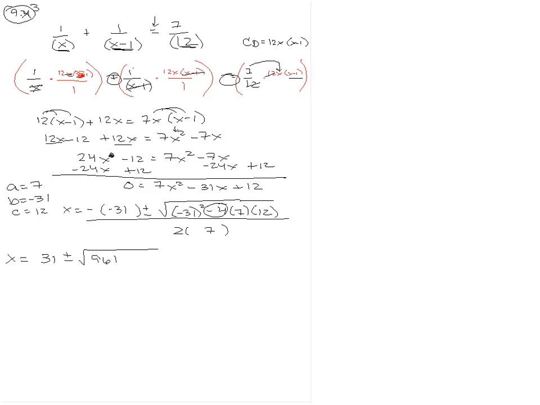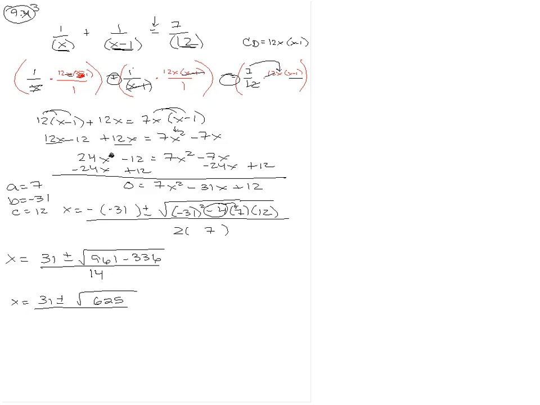Negative 4 times 7 is negative 28, and negative 28 times 12 is negative 336, all over 14. X equals 31 plus or minus the square root of 961 minus 336, which is 625.